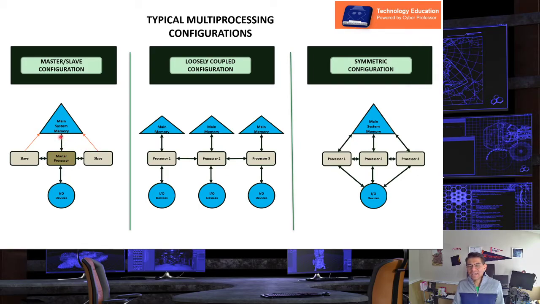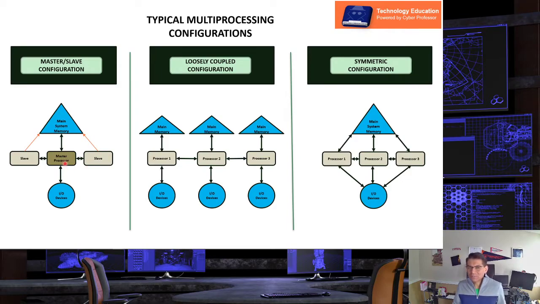That is why a bidirectional arrow is here, but no bidirectional arrow is depicted here to the slaves. It is just a one-way communication. The slave CPUs can send output back to the memory, but they cannot receive instructions from the memory. New jobs from the memory are only handled by the master processor, which after that will assign the jobs to the slaves.